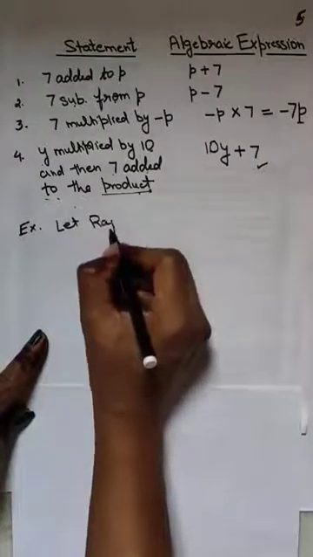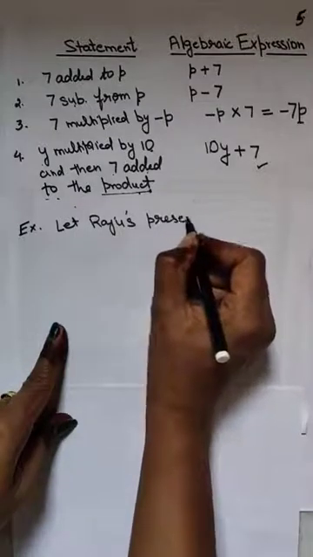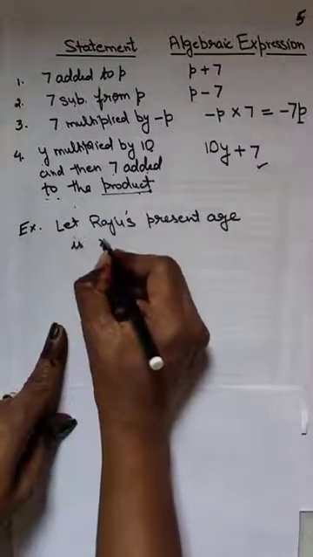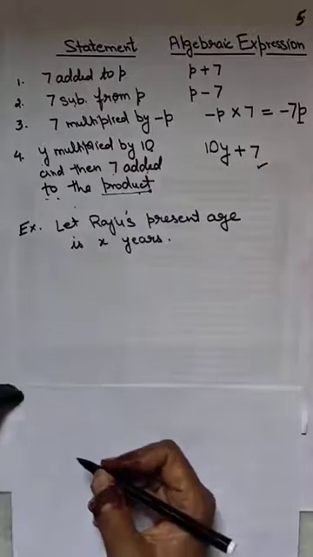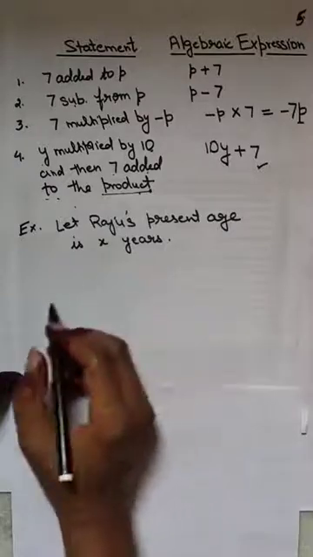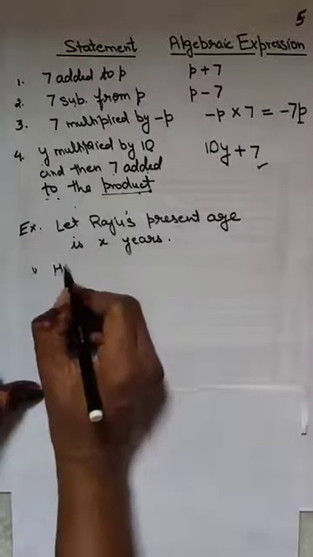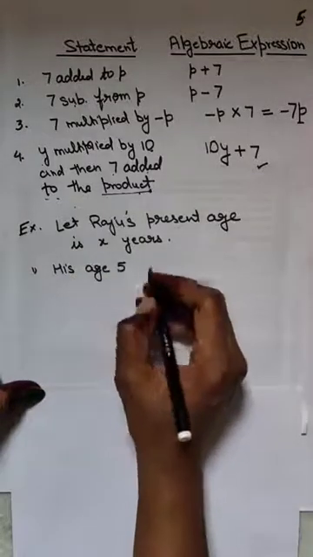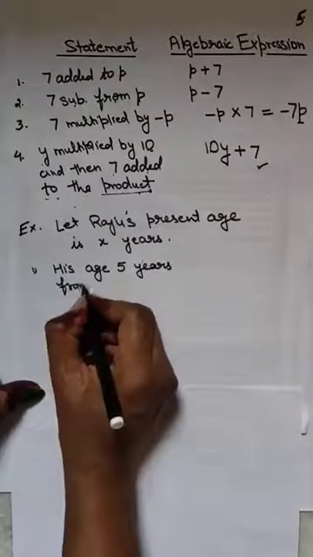Let Raju's present age be x years. Okay, this you have done in the lecture also. Now you have to tell his age 5 years from now.